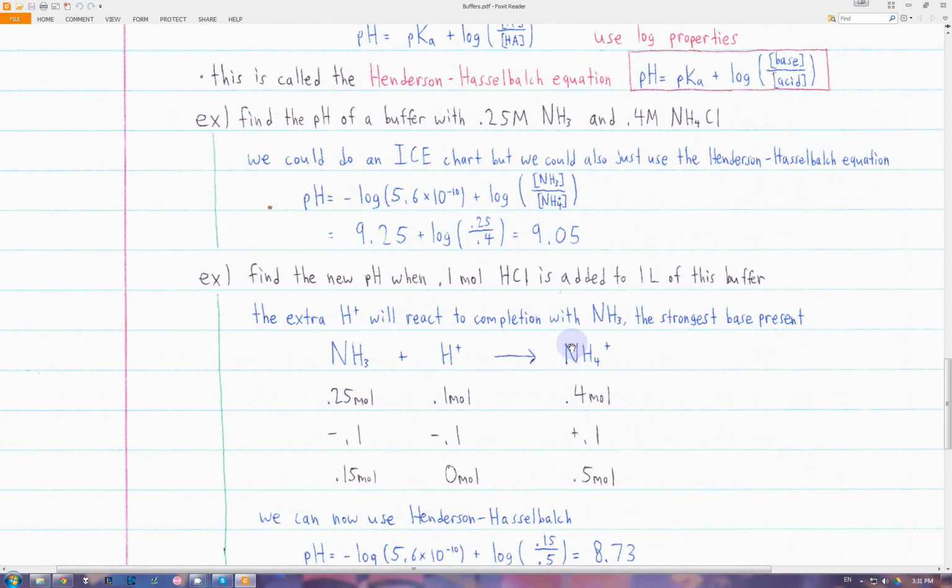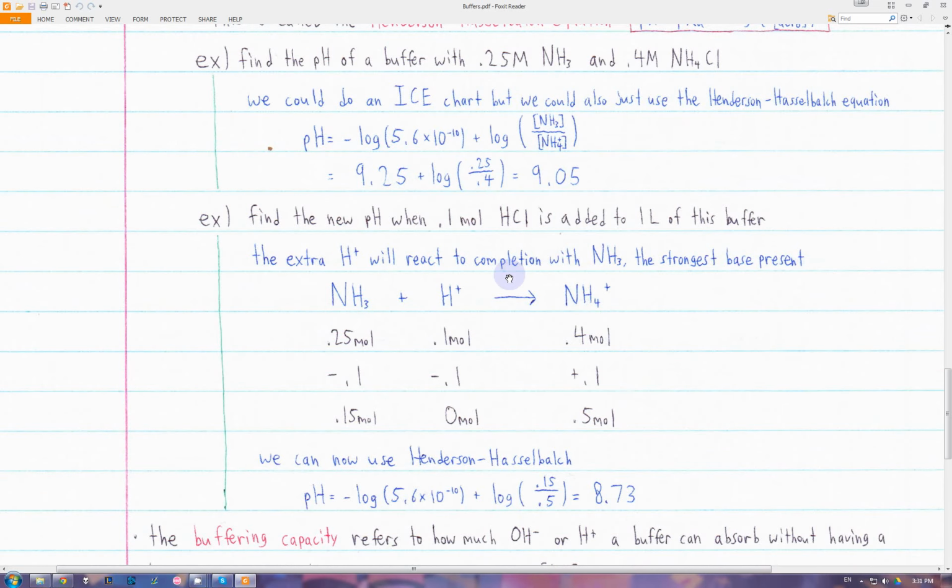So we can find the pH change if we add 0.1 mole of hydrochloric acid to 1 liter of this buffer solution. So when we add the hydrochloric acid, it will dissociate into H plus and Cl minus. And then the extra H plus from the hydrochloric acid will react to completion with the base, ammonia, because the ammonia is attracted to protons since it's a base.